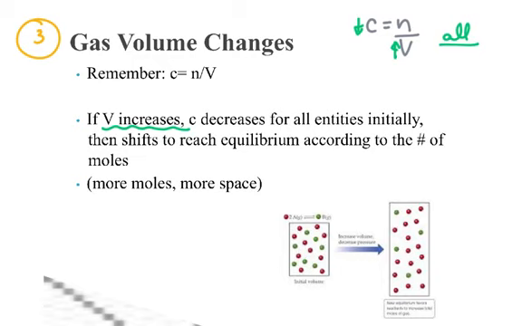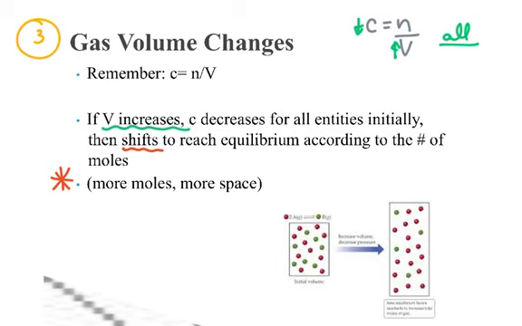The second thing that happens is we're going to end up having a shift. And so we're going to shift to reach equilibrium after that dip. So we're going to have a decrease in concentration, then we're going to shift. And what happens is we shift according to the number of moles. So this little feature here helps us understand which way it's going to shift.